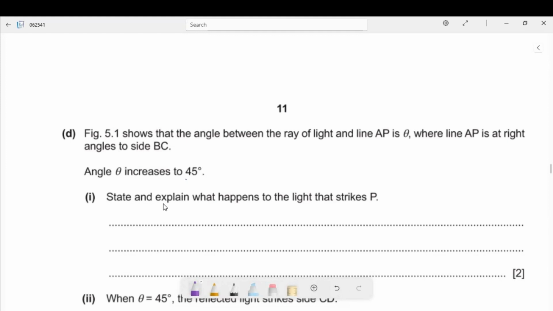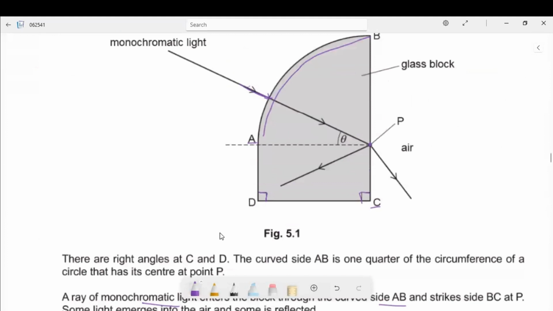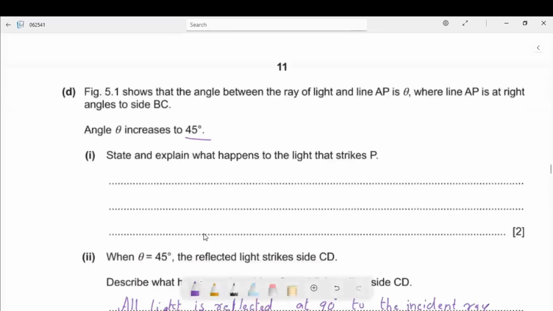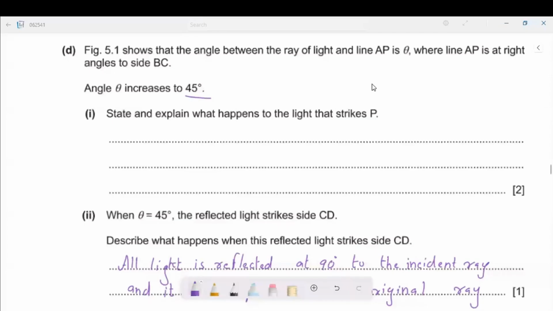State and explain what happens to the light that strikes at P. So here we can see this is theta and the critical angle is 42 degrees.